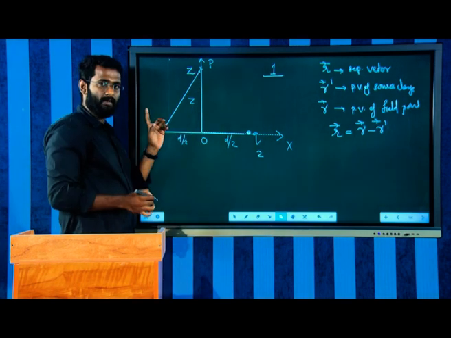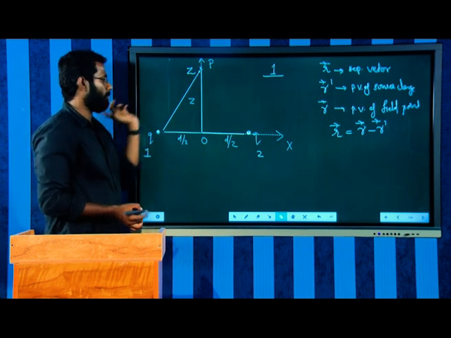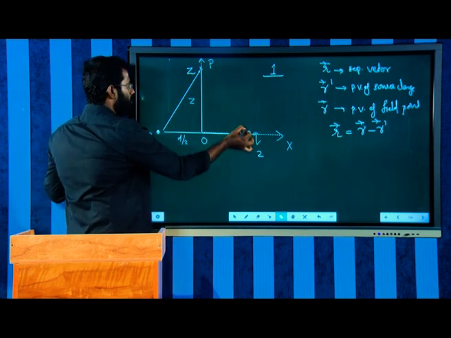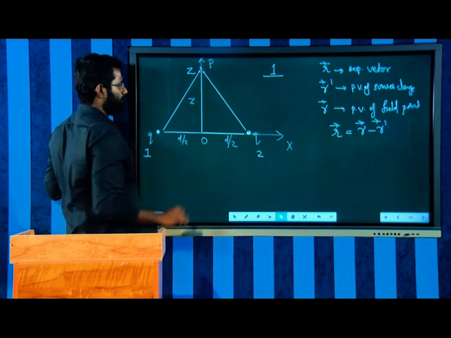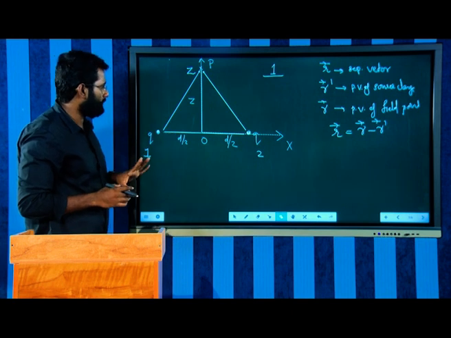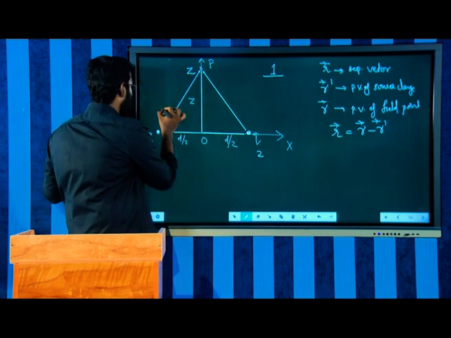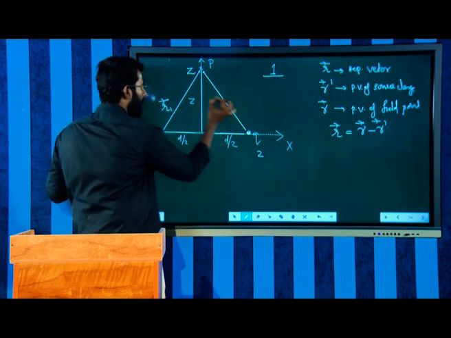A separation vector is always directed from the charge, or the source, to the field point. Here is another one, this is the source, this is the field point. Now we have two separation vectors, and let me call them R1 and R2.